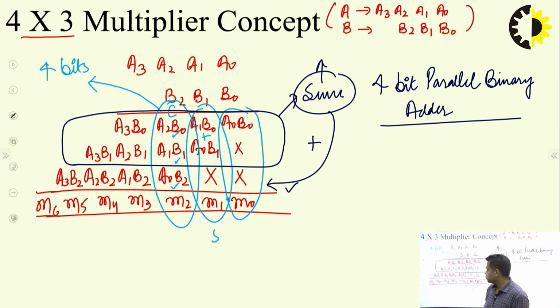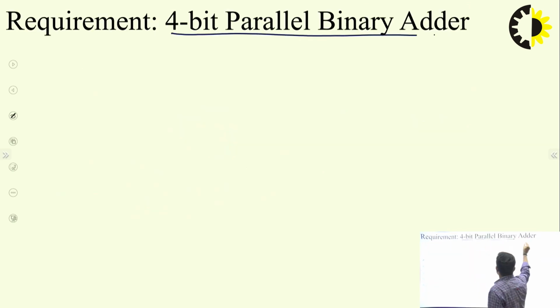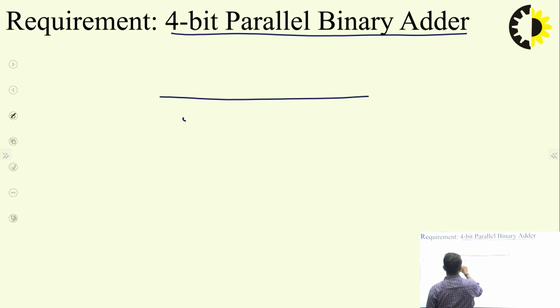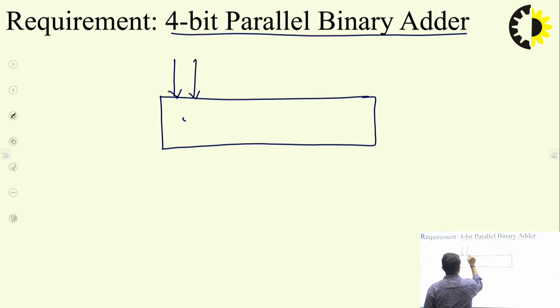Okay. So let's first cover the basics of that 4-bit parallel binary adder. What is this 4-bit parallel binary adder? In simple terms, the 4-bit parallel binary adder will be accepting 2 numbers of 4 bits each.